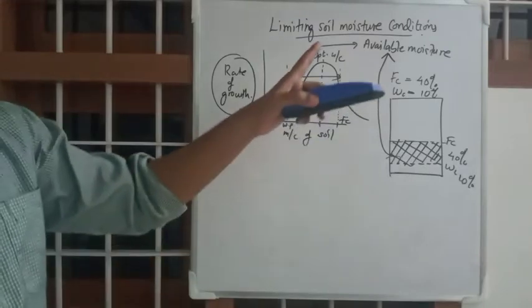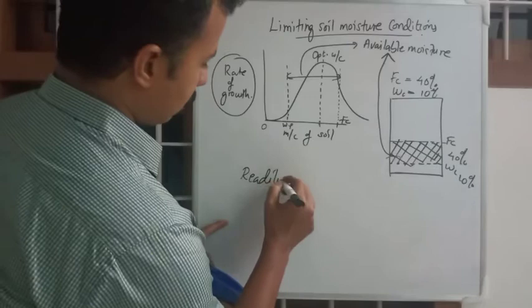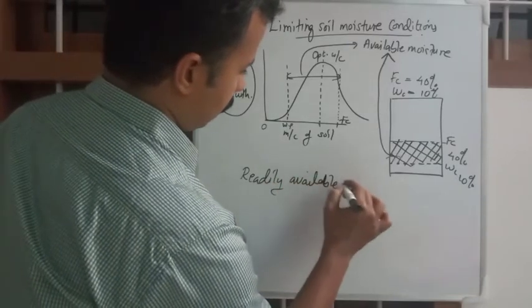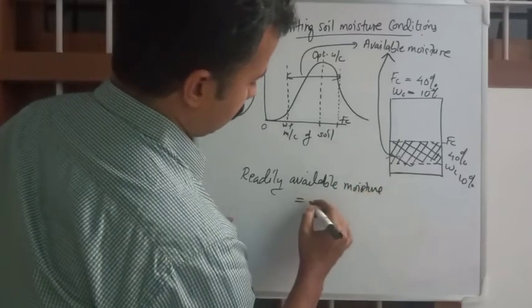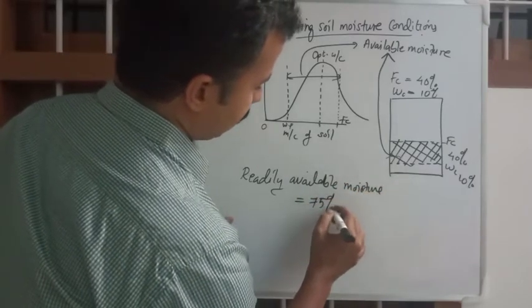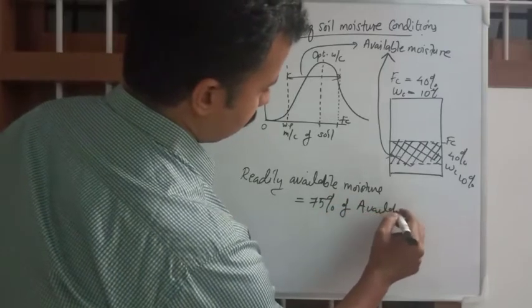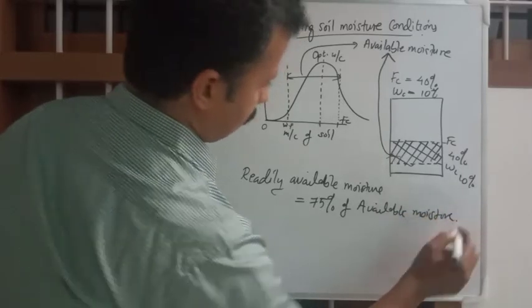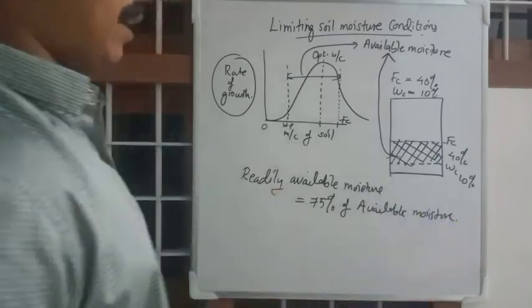And as we know, readily available moisture is 75% of available moisture. Okay, so readily available moisture is 75% of available moisture.